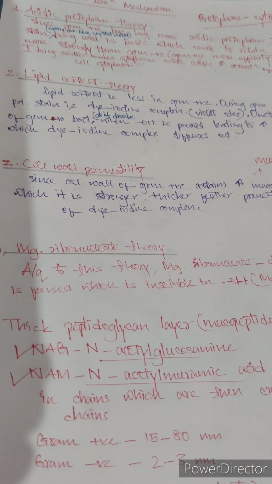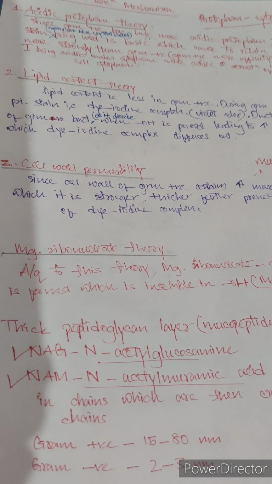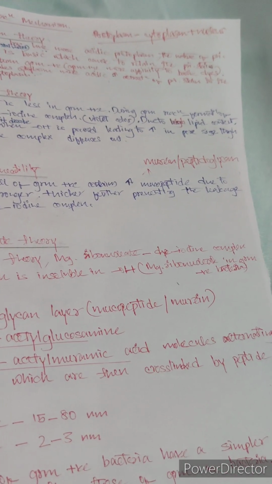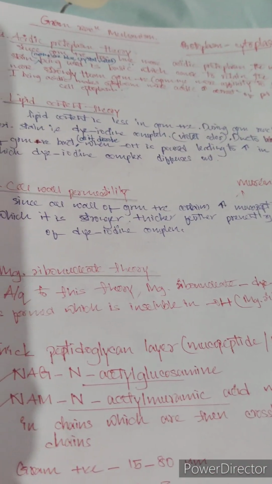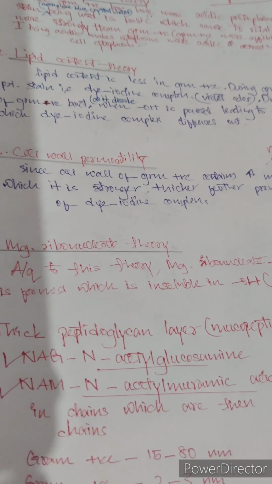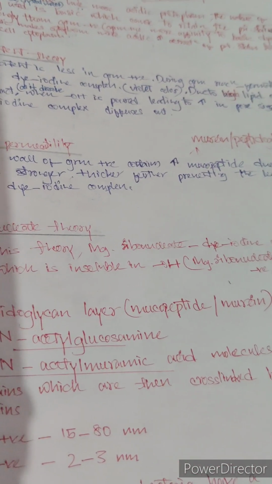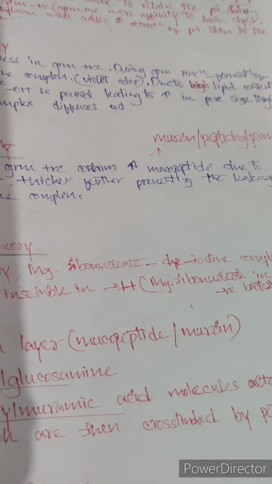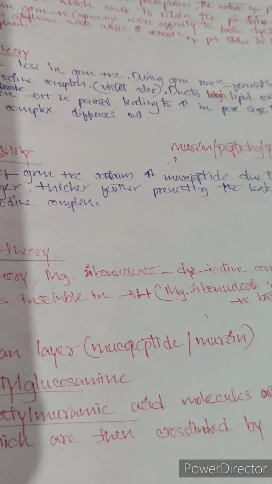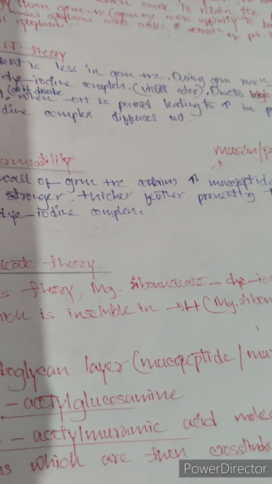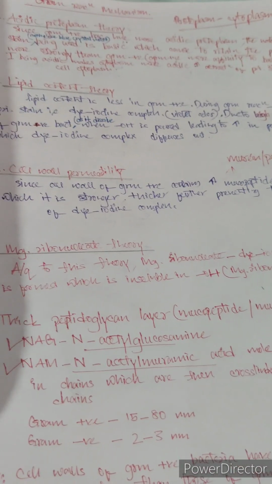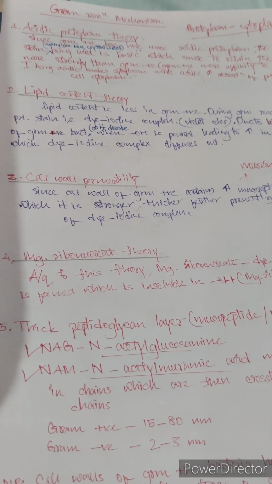So what happens is, during the second step, after the application of mordant, a magnesium ribonucleate diiodine complex is formed in gram-positive bacteria, which is insoluble in alcohol, while in gram-negative bacteria only the diiodine complex is formed, which easily gets soluble in alcohol. So this was your topic.